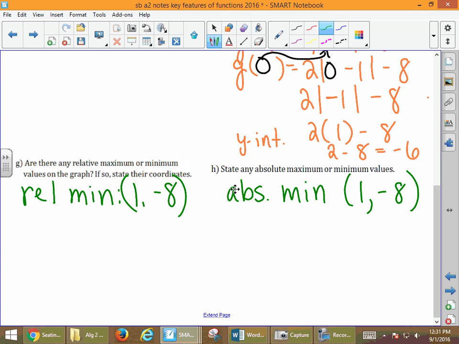But we have absolute maxes on this graph also. We have 2 of them.